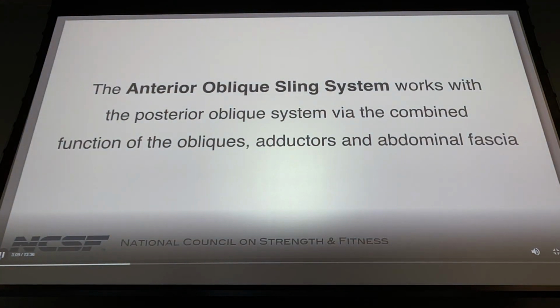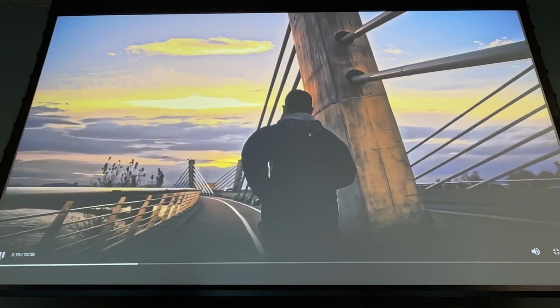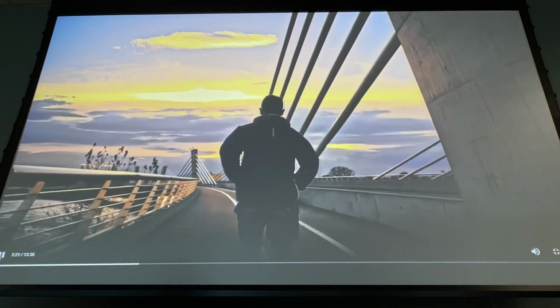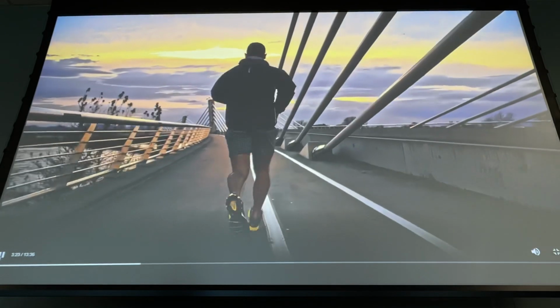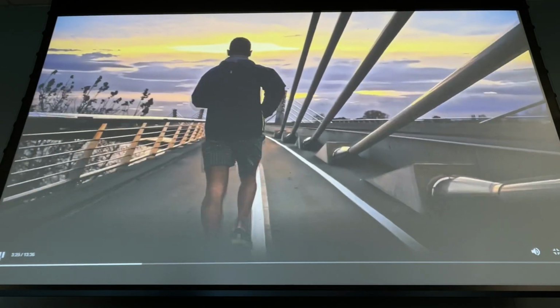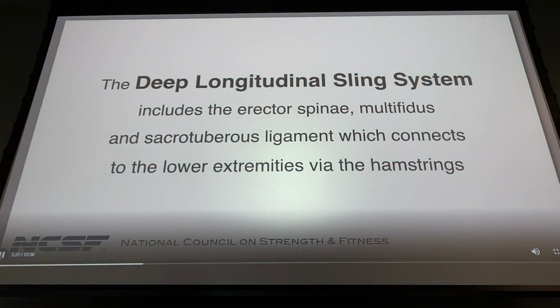The anterior oblique system works with the posterior system via the combined function of the obliques, adductors, and abdominal fascia. It creates cross-stabilization for the posterior sling and is integral to sagittal plane locomotion. The deep longitudinal system includes the erector spinae, multifidus, and sacrotuberous ligament, which connects to the lower extremities via the hamstrings.